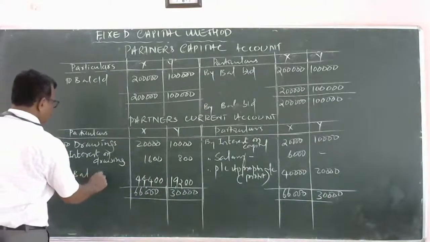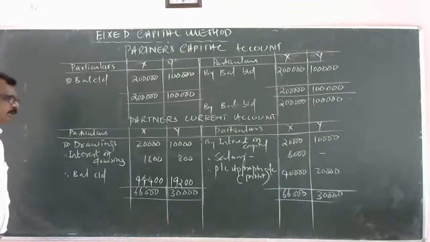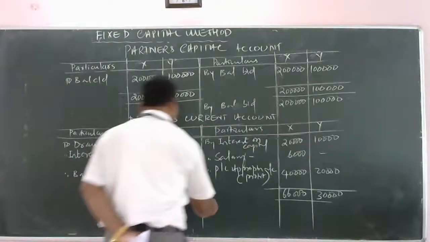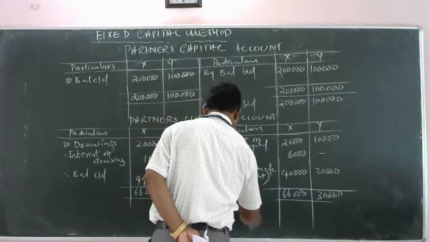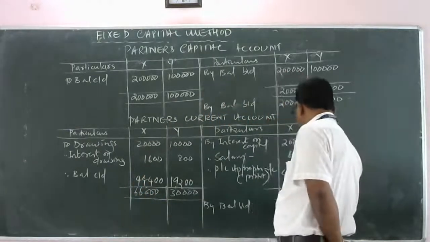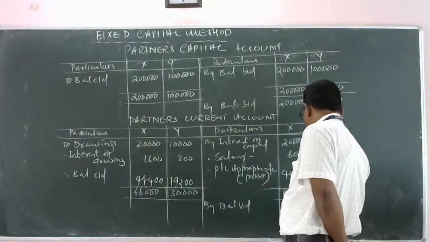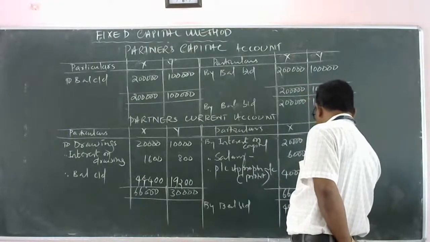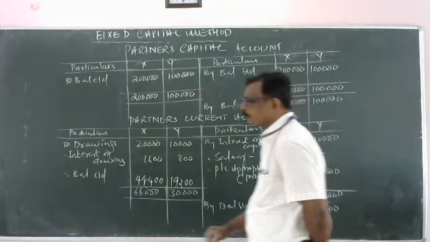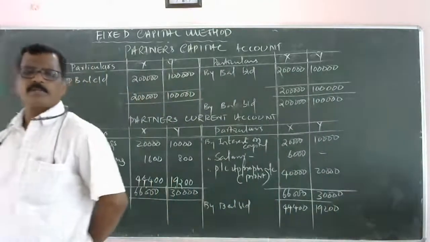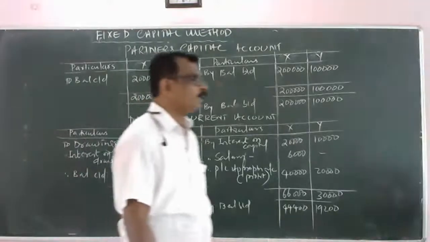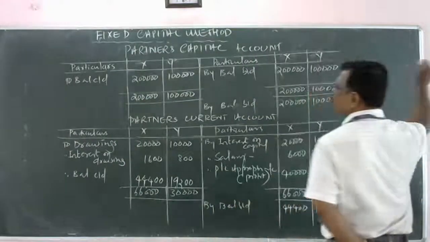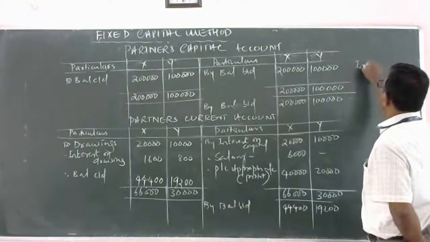This is the closing balance of partners current account, and this balance will be the opening balance in the next year. So opening balance is 44,400 and 19,200. Now you can show the calculation of interest on capital.